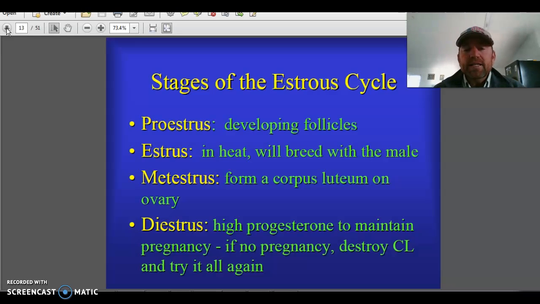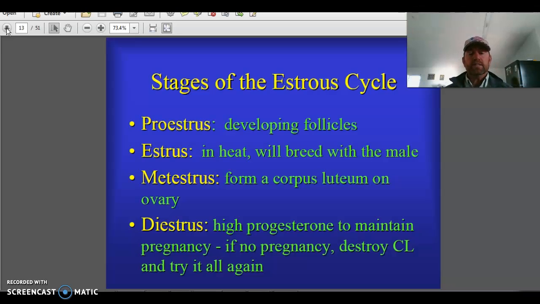The stages of the estrus cycle are pretty simple. Proestrus is just where that follicle is starting to be recruited. Estrus is when the follicle is large and producing a lot of E2 or estrogen, which causes the animal to show outward signs of heat or standing for another animal to mount them. Metestrus is the forming of the corpus luteum, so that's right after ovulation.